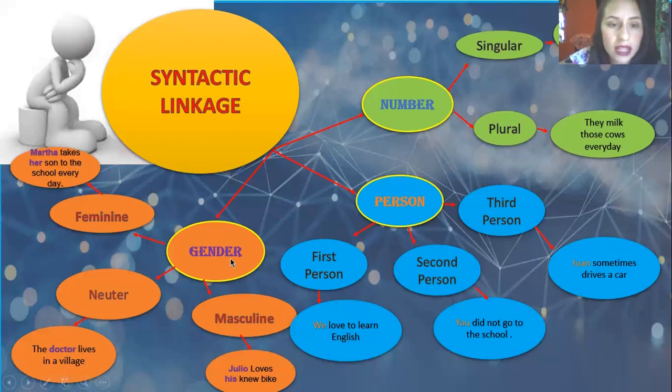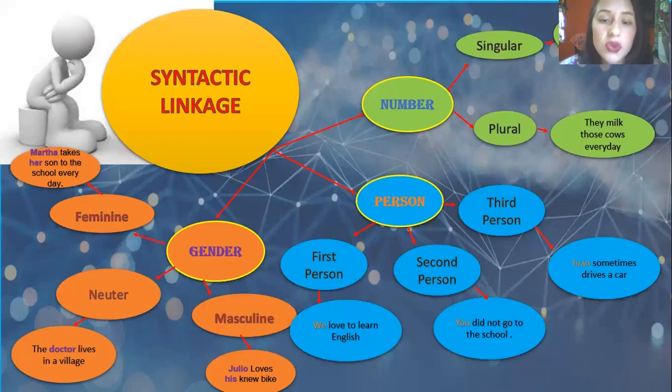Now, let's look at the last syntactic linkage, gender. Gender is a property that separates nouns into classes. It is linked to biological sex.